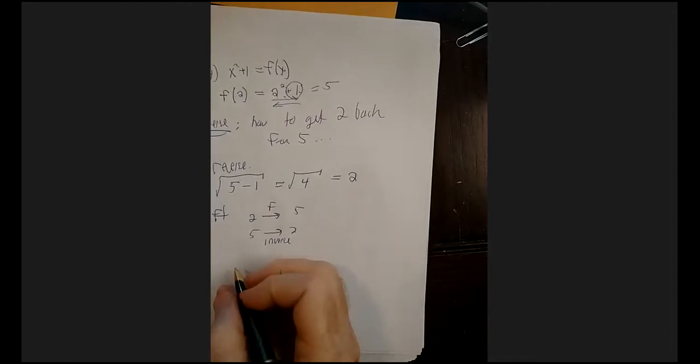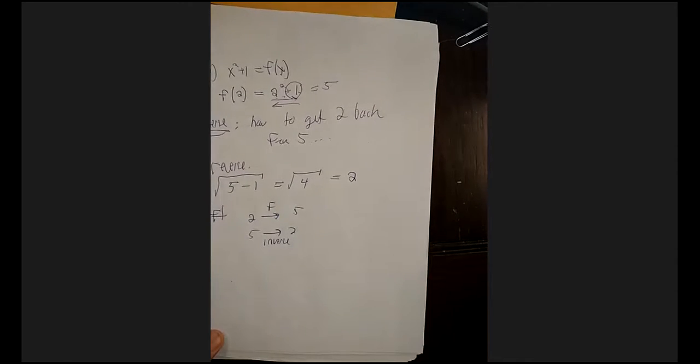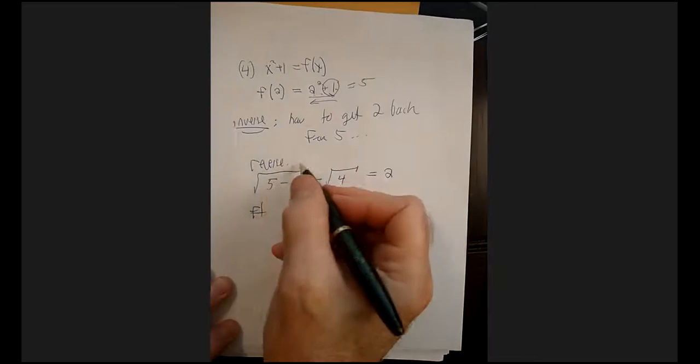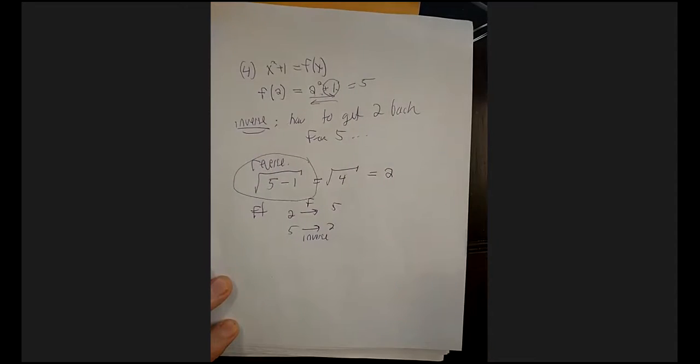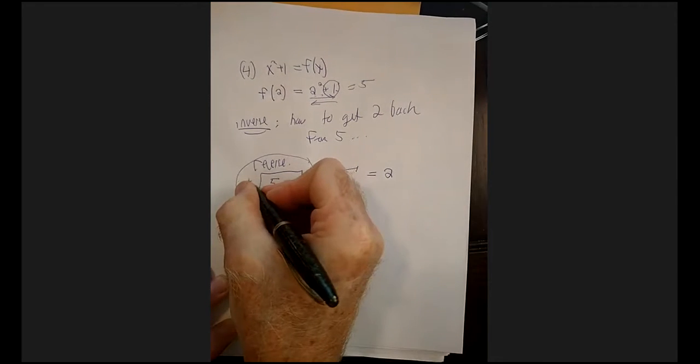Now my formula, but then I made a mistake. Oh, sorry, you can't see all that. I forgot something when I took the square root. What happens when you take a square root in a problem? What do you have to do? You have to account for the fact that there are 2 square roots.